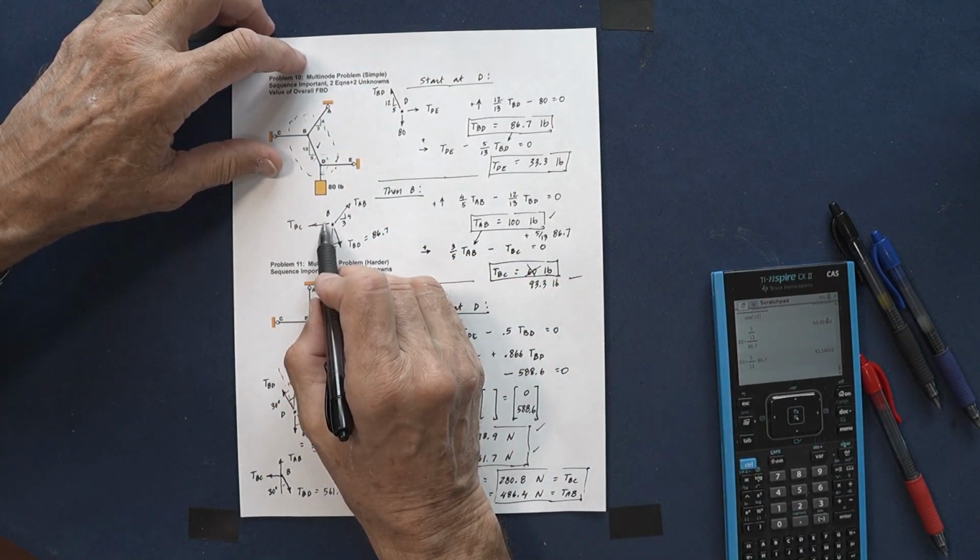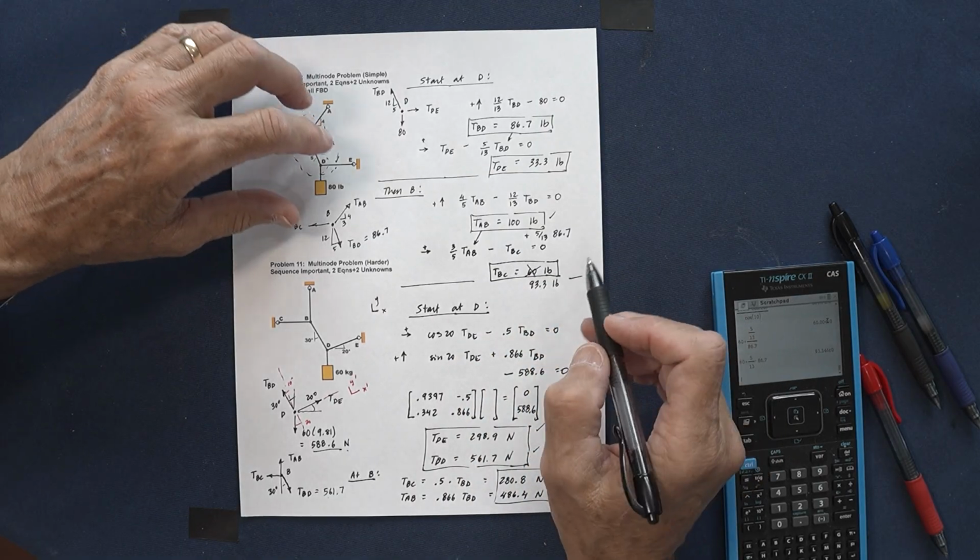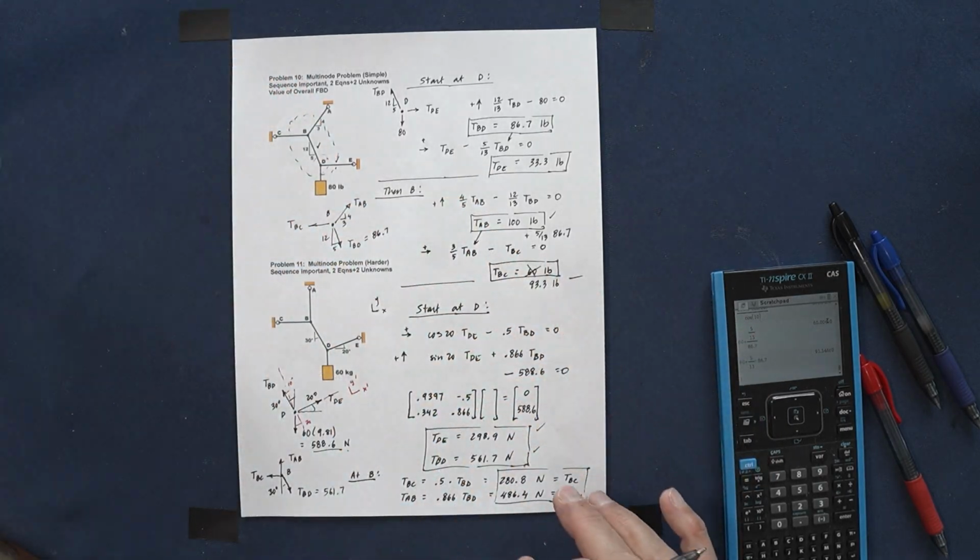Because in the x direction, you've got the x component of this one and the x component of this one. Interesting. 93.3 for TBC. Okay.